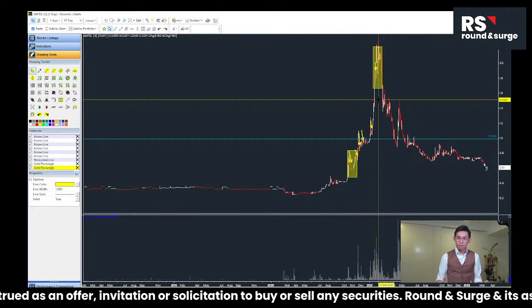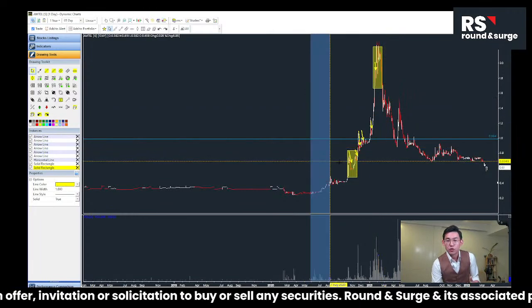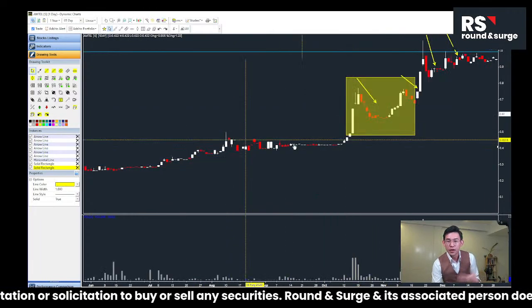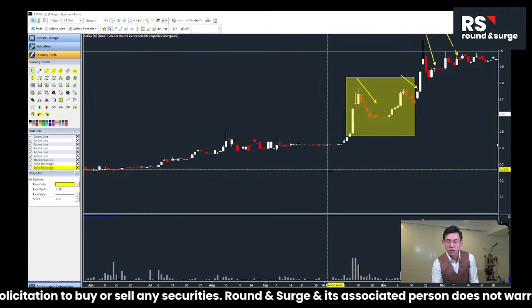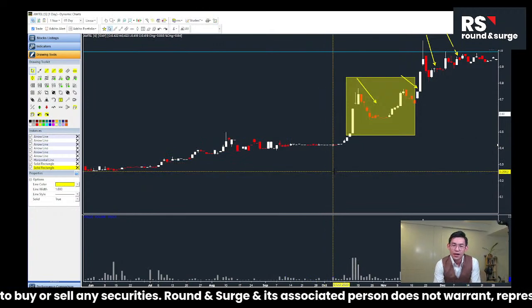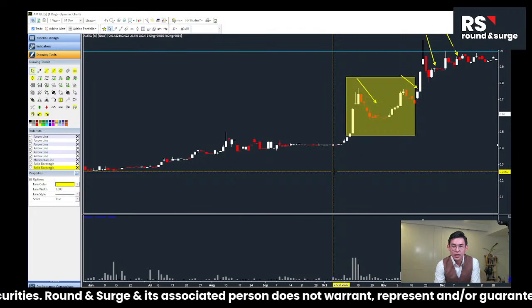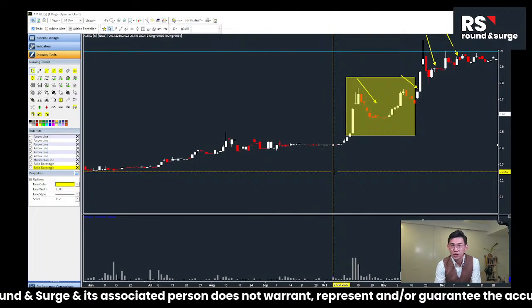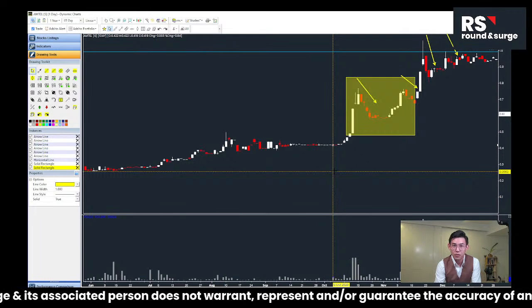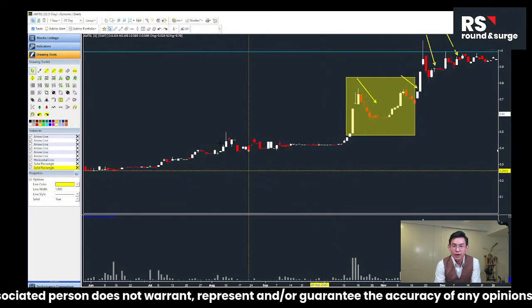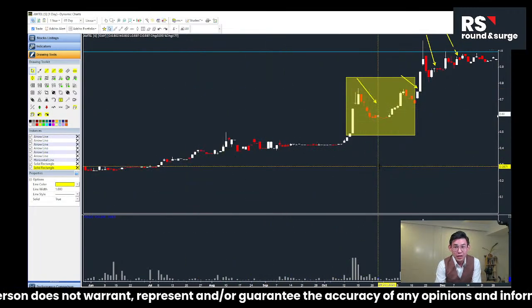Then in the second month, we will look into how to spot the accumulation in more detail. Right now I've shared with you, but if you think this is enough, I would say it's not enough, because definitely you will see a lot of stocks that look like accumulation, but it's not. You might think that the price moving up and down is accumulation.